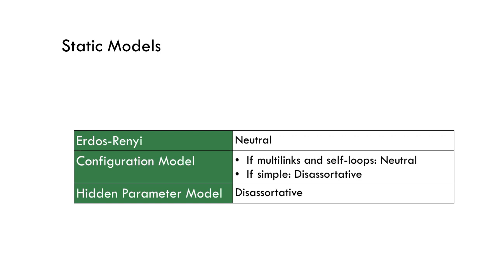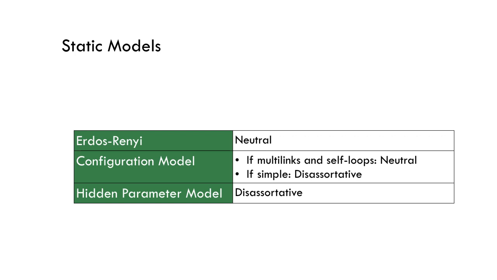The configuration model, if multi-links and self-loops are allowed, tends to generate a neutral network. And if it is just the simple version of the model, so multi-links and self-loops are not allowed, this model tends to generate disassortative networks.